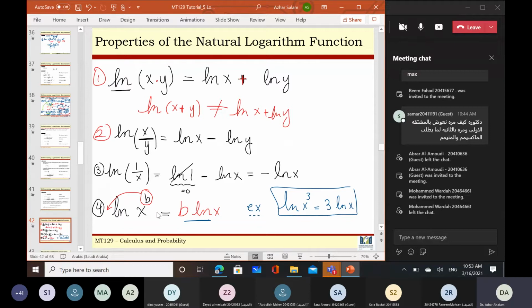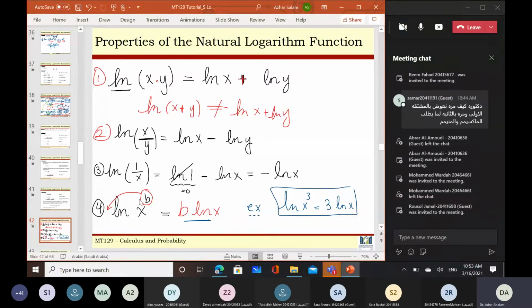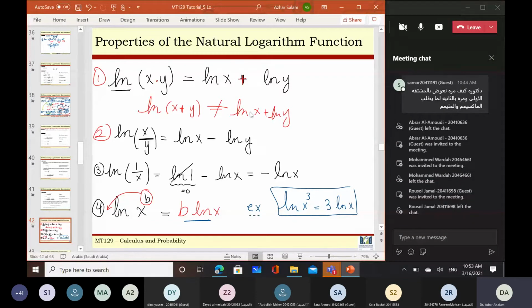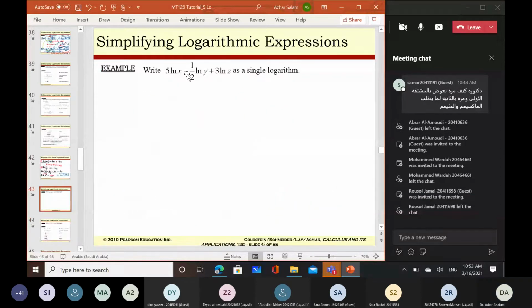We used this property in one of the examples in the previous lecture. Now I will use these properties to simplify some formulas, like this expression.